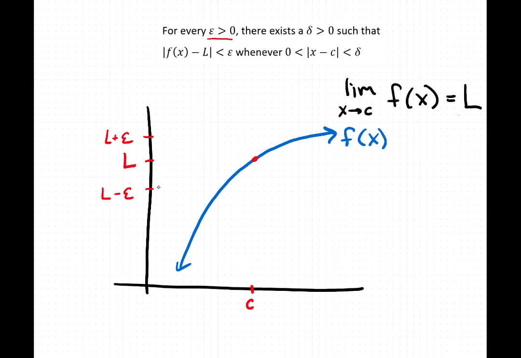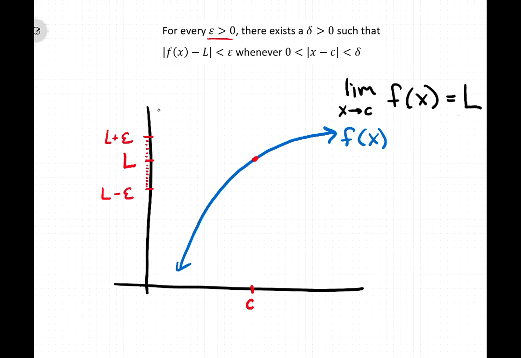All right, so we have this epsilon band around the limit value. So these are all y values that are less than a distance of epsilon away from L. Y equals L. I could have drawn L plus epsilon way up here. I could have drawn it down here. It's arbitrary. Epsilon could be anything.